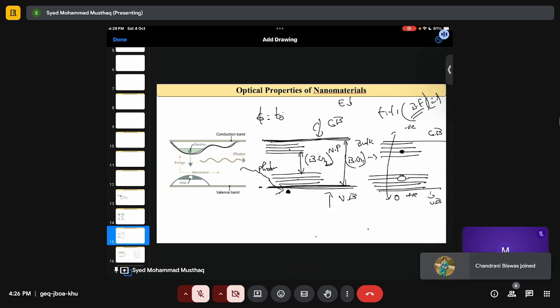There is this interaction between them, and this interaction is given as the binding energy that binds this electron and hole. Okay, so this is what happens.